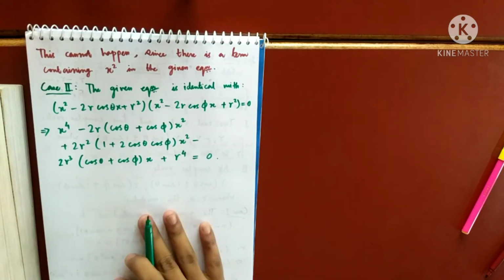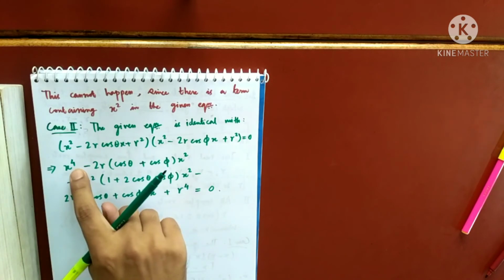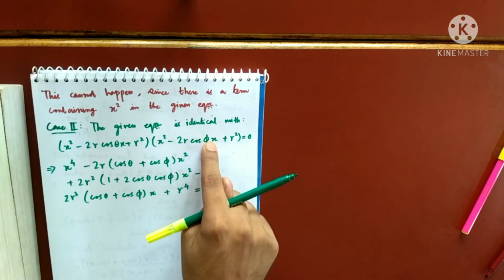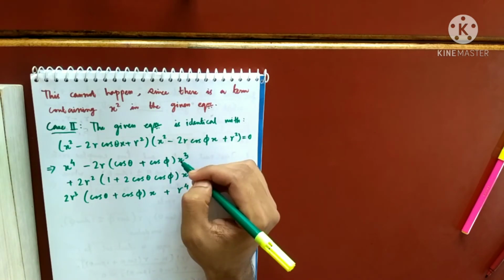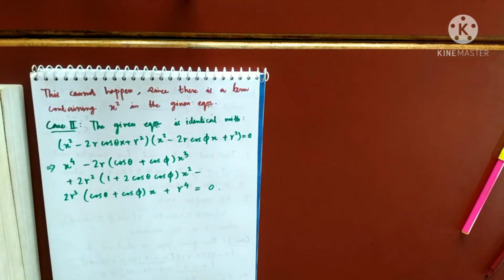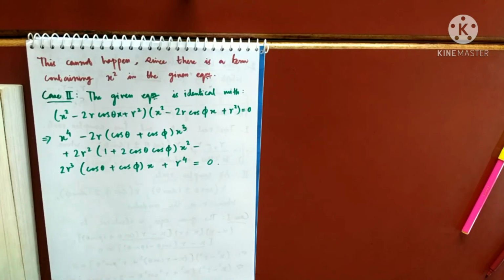So basically what I am doing, I am just multiplying x square with x square, x to the power 4, x square with this and x with this, I am getting x cube here, so sorry, this is x cube, yeah, and so on. So just to simplify, you will get this.